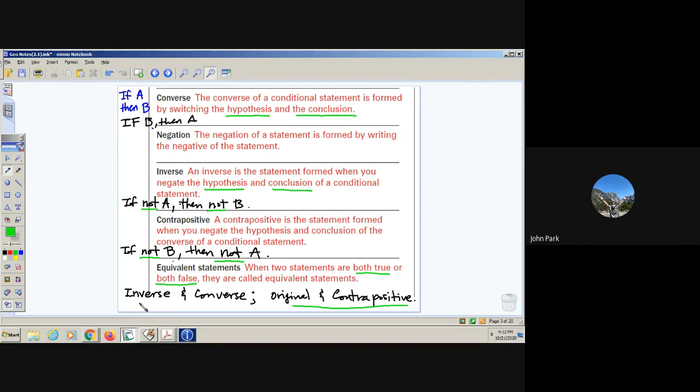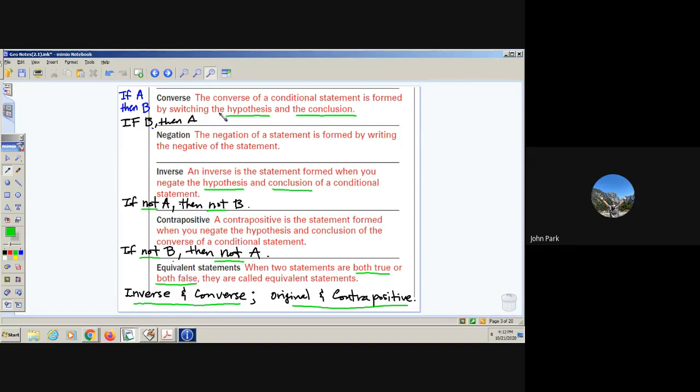And the inverse and the converse of the original conditional statement would be both true or both false. That's what we mean by equivalent statements. They go together, whether true or false.